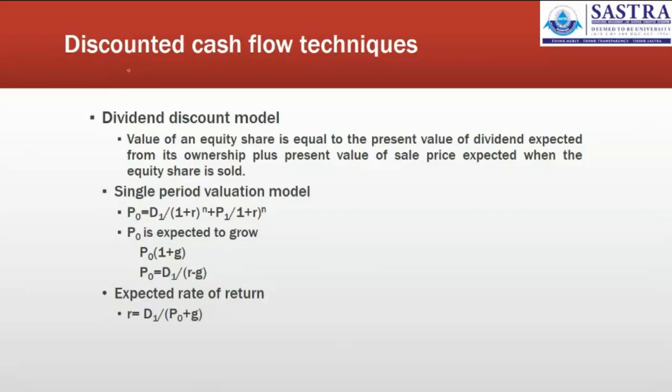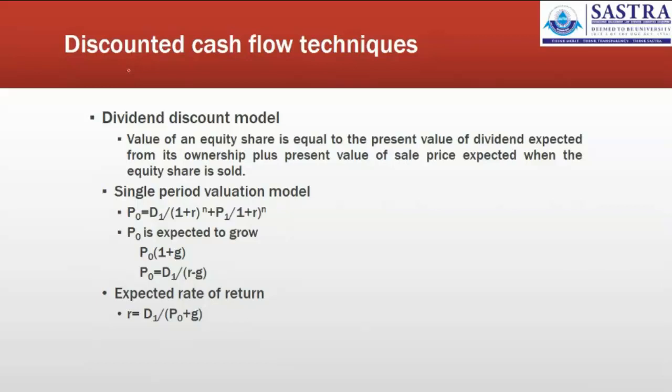It means whatever year this dividend is received. If the dividend is received at the end of 1 year, it means to the power 1. If it is a D2 dividend received in the second year, we take D2 divided by 1 plus R to the power 2. Similarly, in whichever period we are realizing the value, accordingly we calculate the discount factor.